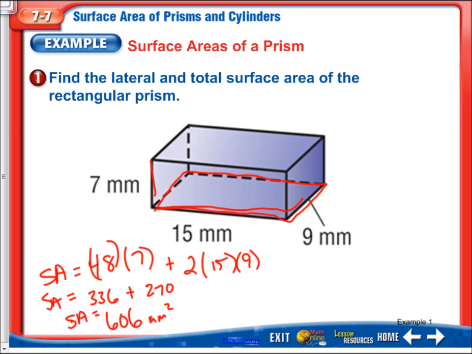Again, the reason why I like to write SA rather than S is because the A reminds me that I'm finding area, which helps remind me that I need to have square units at the end. This 336 represents my lateral area, all this around, and the 270 represents the area of the bases when I add those up.